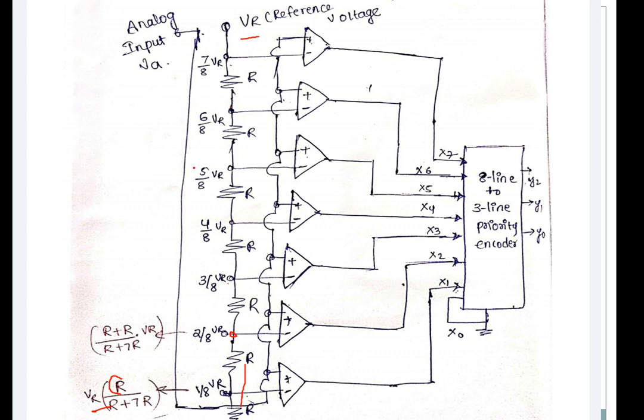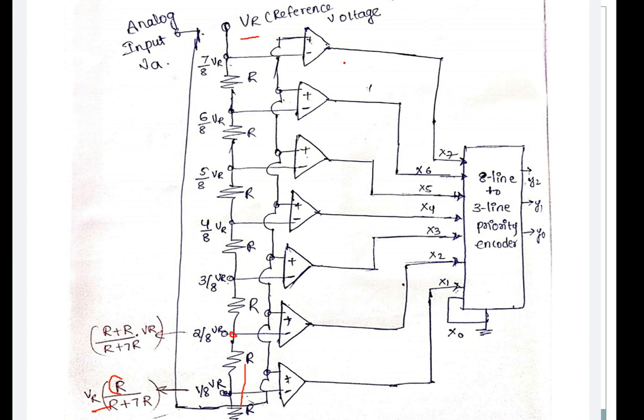So these resistors form the voltage divider network. By using the voltage division formula, we are calculating the voltage across each and every node, and that voltage is connected to the inverting terminal of the comparator, and the non-inverting terminal of each comparator is connected to the analog input voltage.